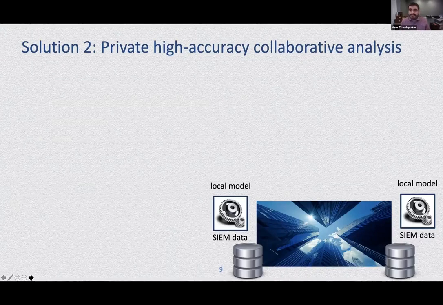Note that as is, the model will just allow different enterprises to collect data reliably in a SIEM server and then run their machine learning analysis so that they compute local models. So Stevens may apply this to learn about the infrastructure of Stevens, and then Rutgers, another institution, will do the same thing.